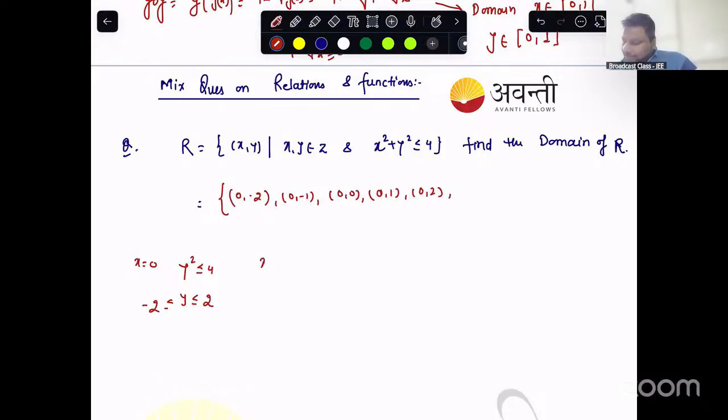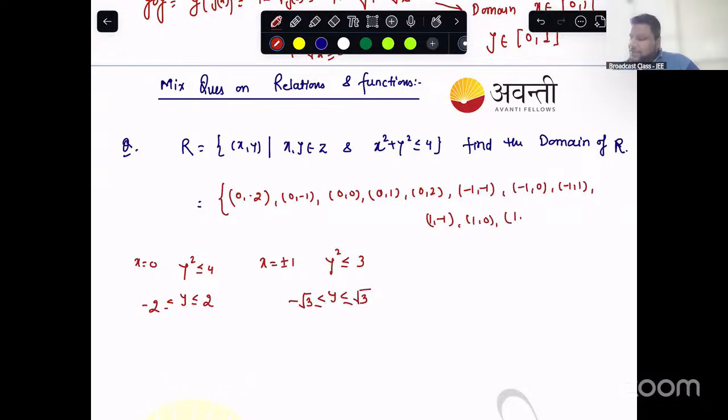Then, if x is plus minus 1, y squared is less than or equal to 3. So y lies in minus root 3 to root 3. In that case, elements will be (-1, -1), (-1, 0), (-1, 1), (1, -1), (1, 0) and (1, 1).